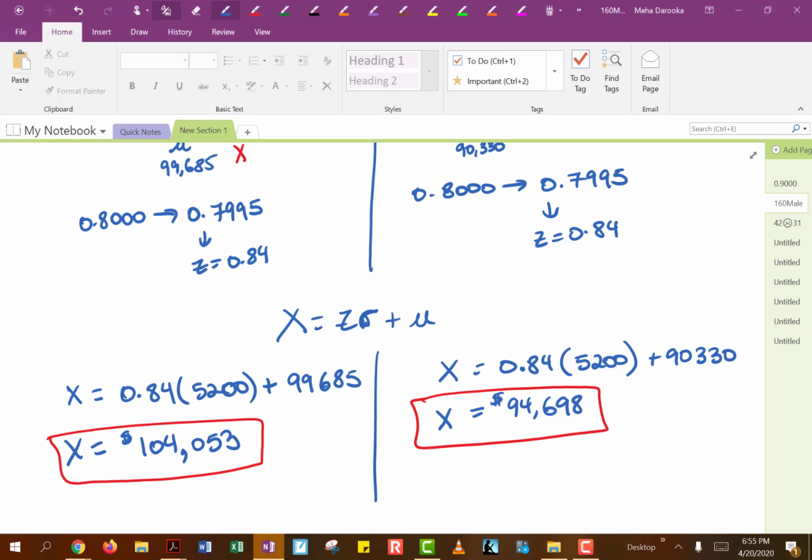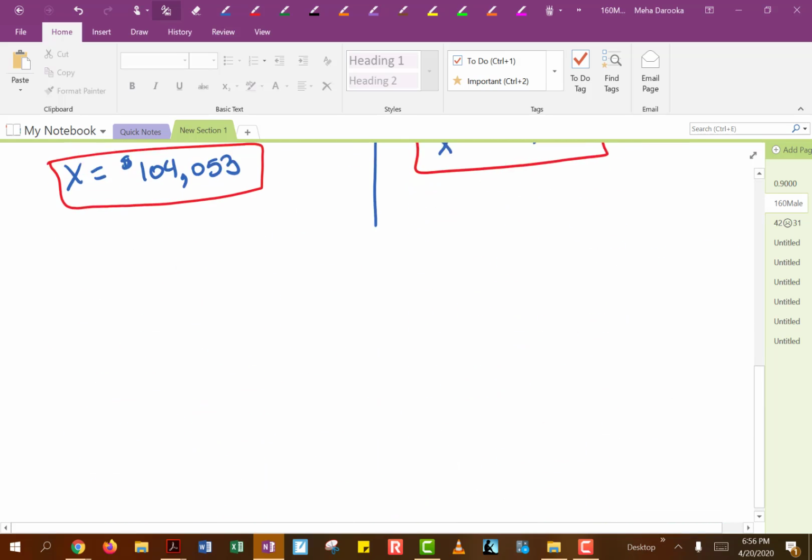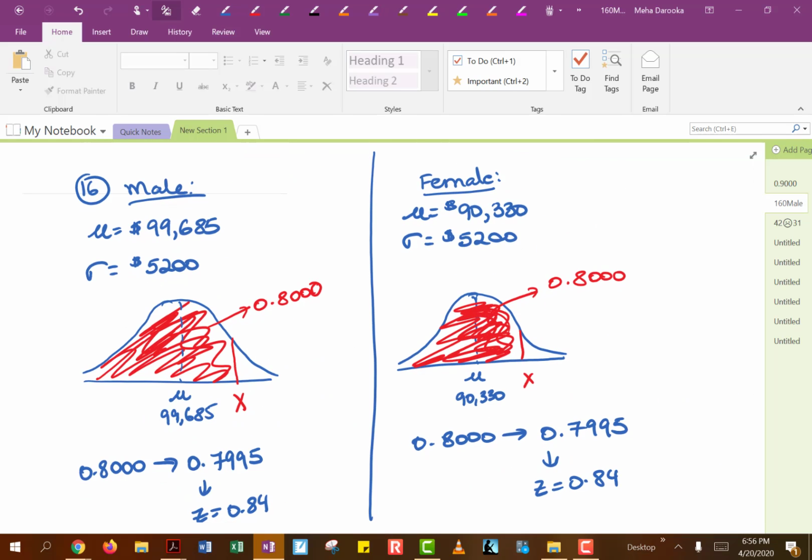You can see there's a pretty wide gap here between the male professor's income and the female professor's income. We talk about the gap between how men and women are paid, and you can see that in this example also. But again, you have your 80th percentile, which was given to us, and based on that we came up with our data value. Okay, so this was example number 16.